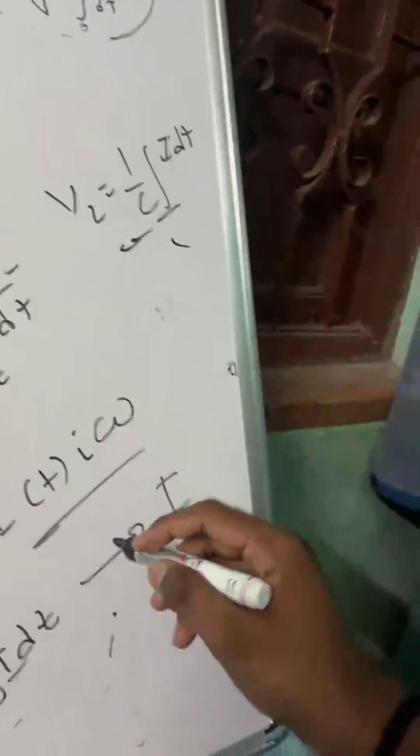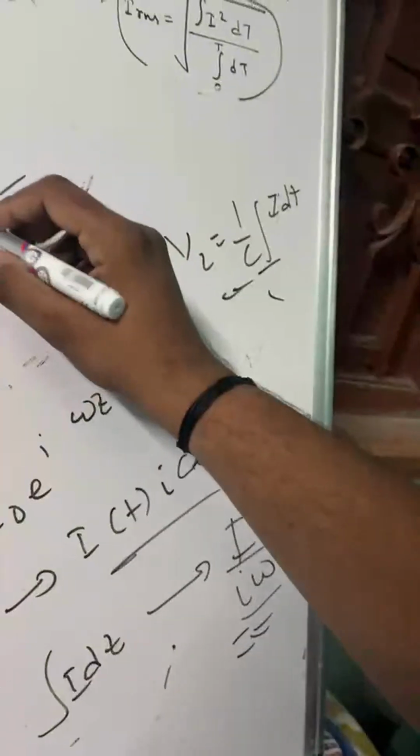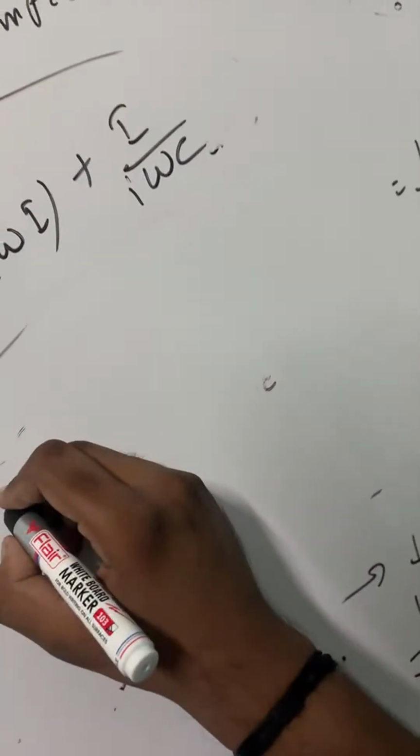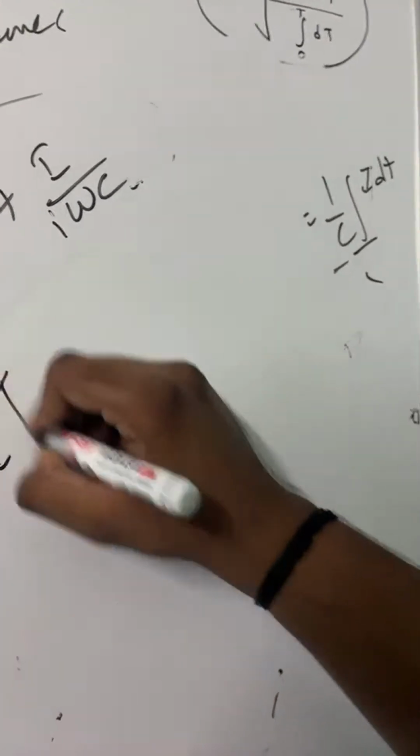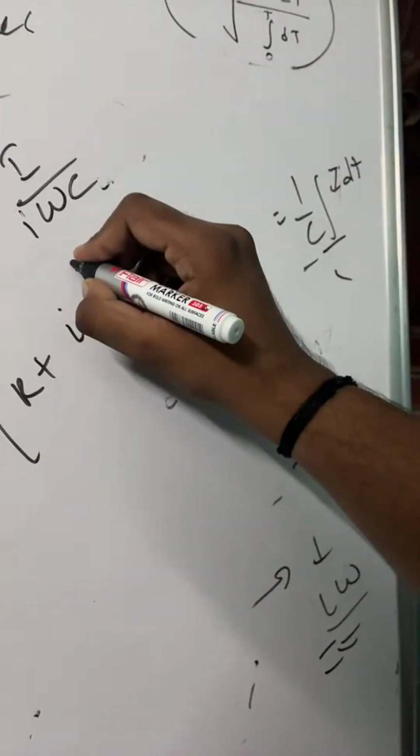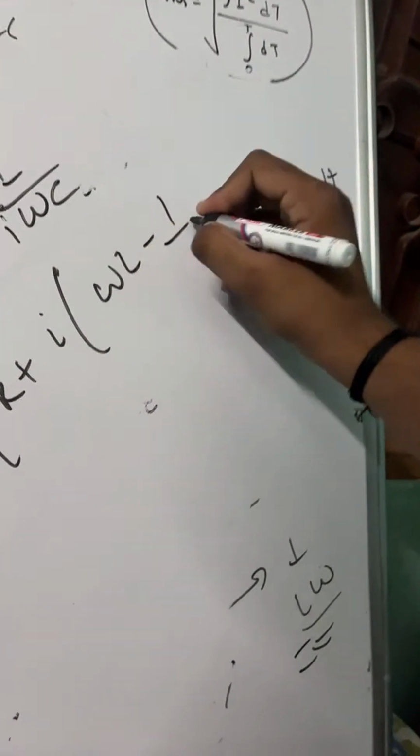We have got it here. So from here we can clearly get the equation which we had got earlier, that V equals I into R plus i(ωL minus 1/ωC).